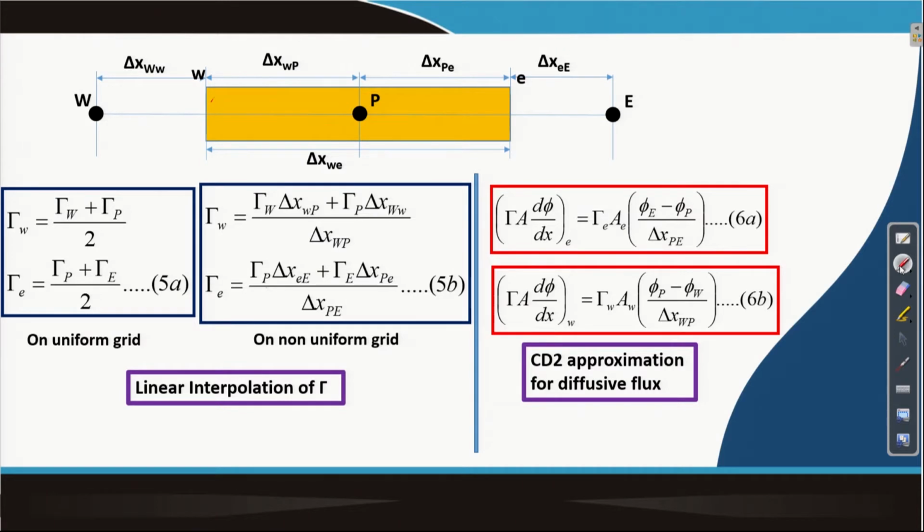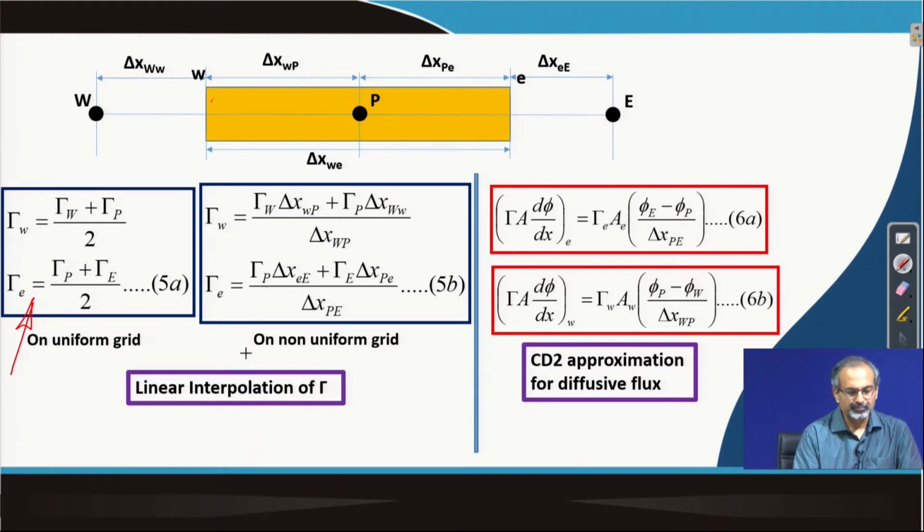Now, let us look at the diffusive part. So, gamma is the diffusion coefficient, and we can work out an arithmetic average to define gamma at the interfaces W and E based on the neighboring cell center values. So, that holds good for a uniform grid.